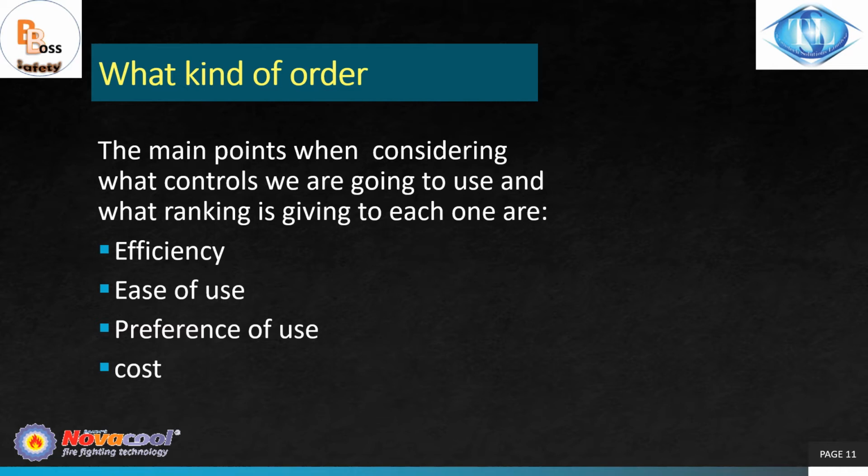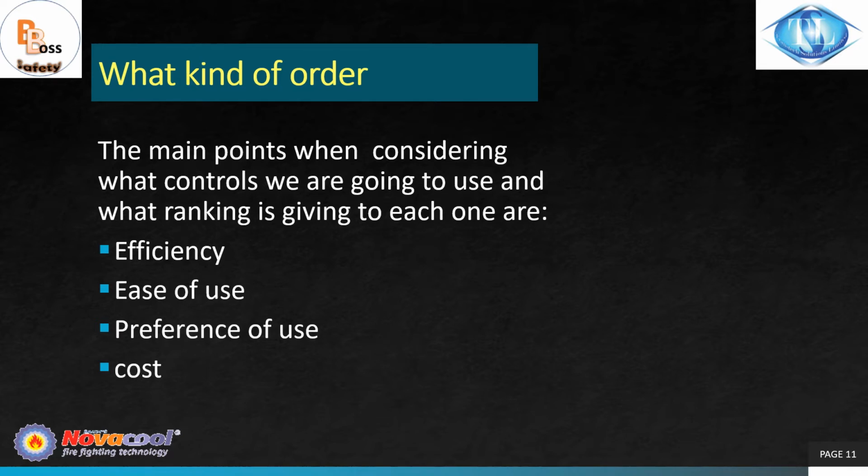As you will see in the next two slides, there is the efficiency, and it is arranged always in a descending order, meaning the top hazard control is the most efficient that we should always consider, and then the second one would be second in efficiency, and the last one is the PPE, the least in efficiency, and we will discuss why it is the last.